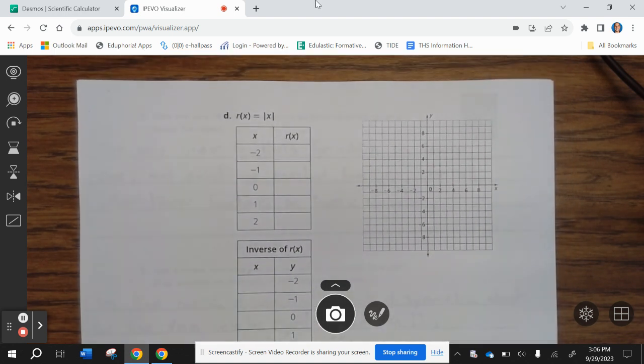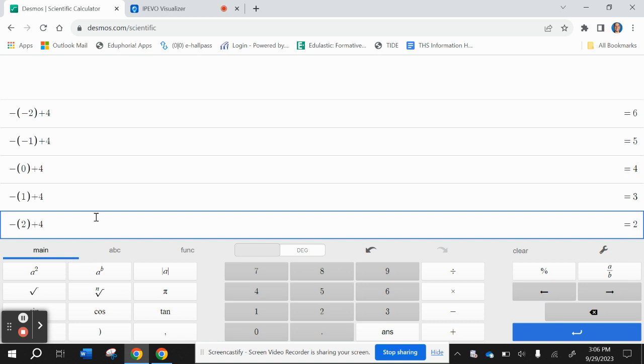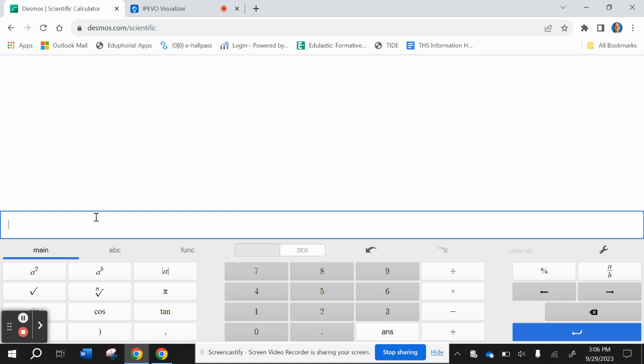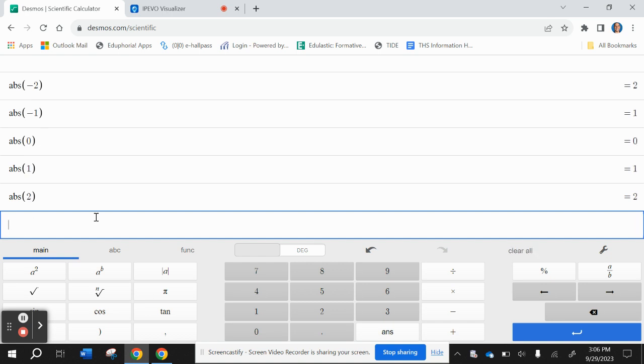All right, so let's go ahead and fill in the table. So absolute value of negative 2, absolute value of negative 1, absolute value of 0, absolute value of 1, absolute value of 2.